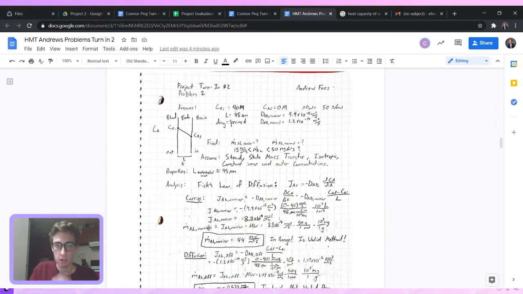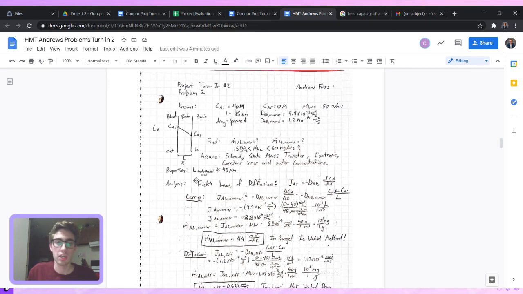And so to solve this problem, first we had to consider that we were looking at steady state mass transfer. We had to find all of our assumptions, including an isotropic assumption, and then constant inner and outer concentrations, which is pretty important for this problem.